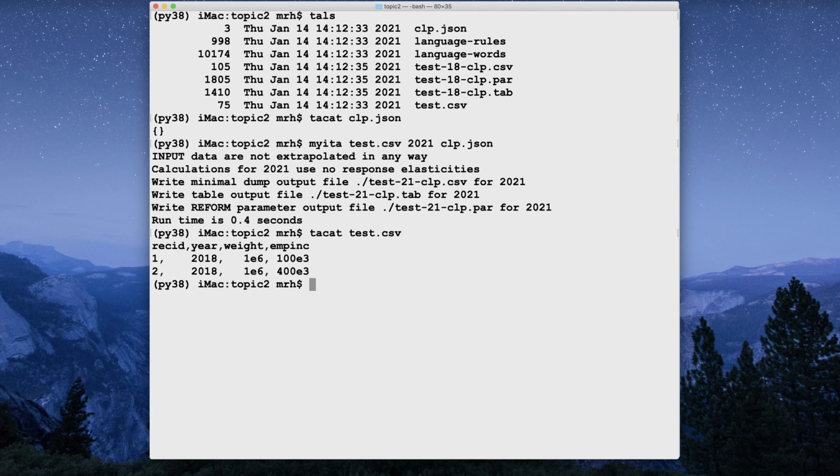So you can see these are 2 people, 2 filers for 2018 that had $100,000 in employment income and $400,000. Well, all the extrapolation means is that in 2021, when we did the simulation, we're still assuming that the employment income of the first person is 100,000 ringgit, and the employment income of the second person is 400,000. The second thing, it says we're not using any response elasticities.